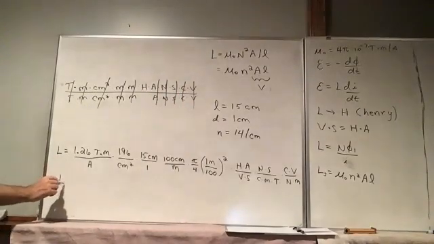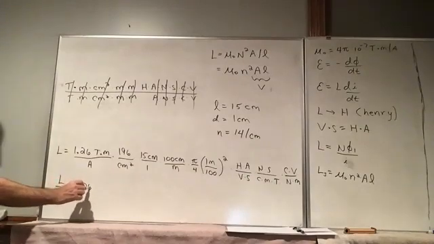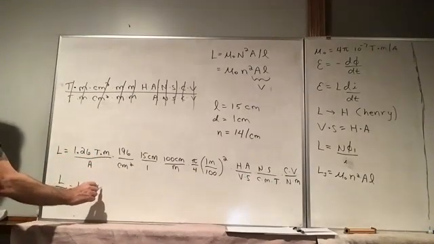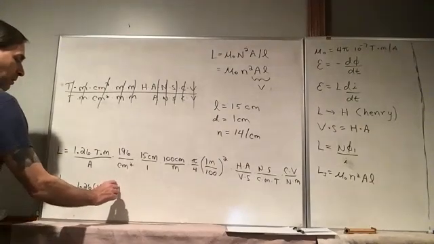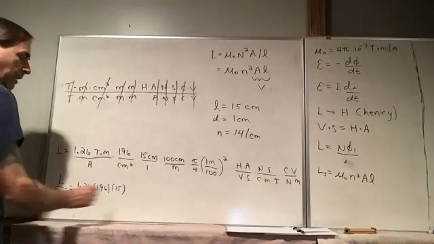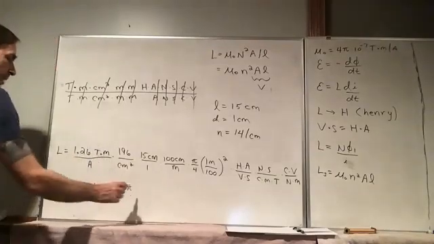So if we divide by a henry, the inductance in henries, we have 1.26 times 196 times 15, throw a pi in there, and then times 100.